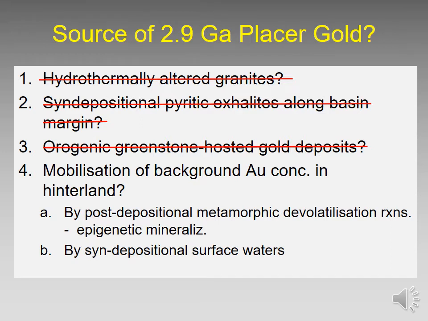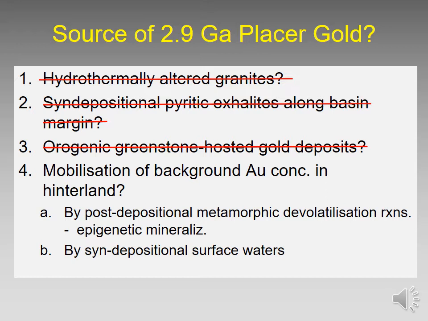Okay, so now we killed the orogenic deposits as a potential source. We are left with option number 4. That is that we don't have discrete point sources in the hinterland in the form of nice rich gold deposits that have been eroded to form the detrital nuggets in the Witwatersrand, but instead we can assume mobilization of background gold concentrations somewhere in the hinterland.